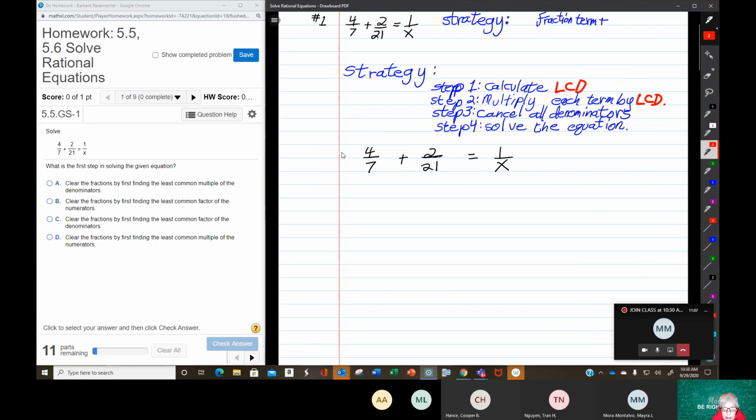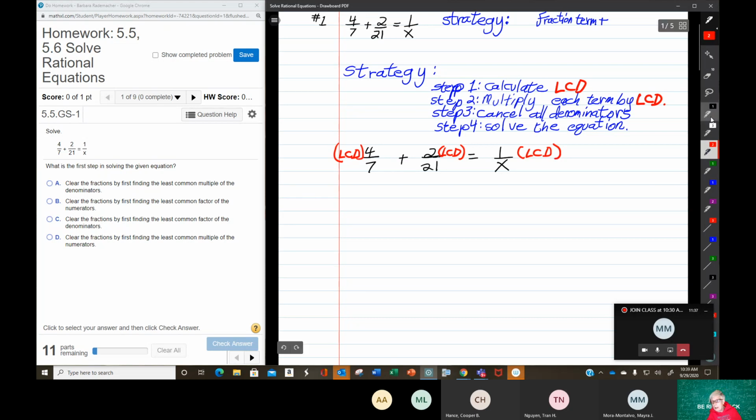What I'm going to do is I multiply the first term by the LCD. And I multiply the second term by the LCD. And I multiply the third term by the LCD. And that permits me to cancel out the denominators. As you'll see, we're about to do it.